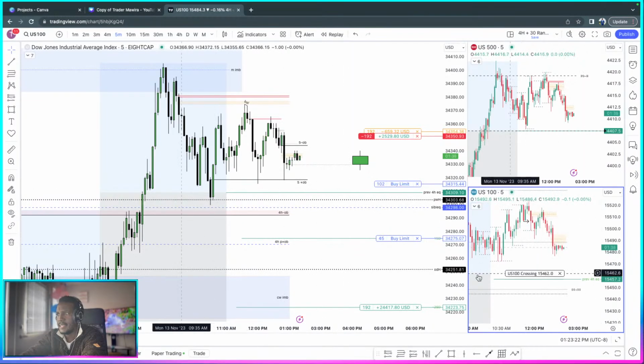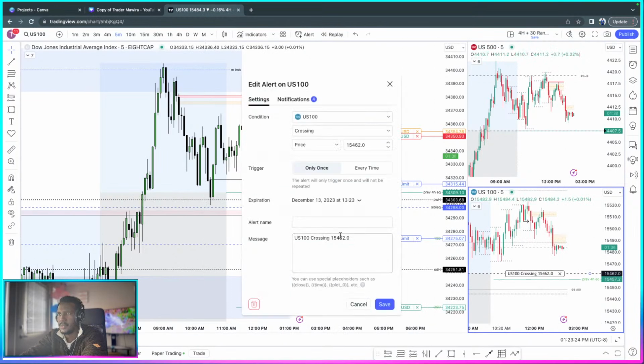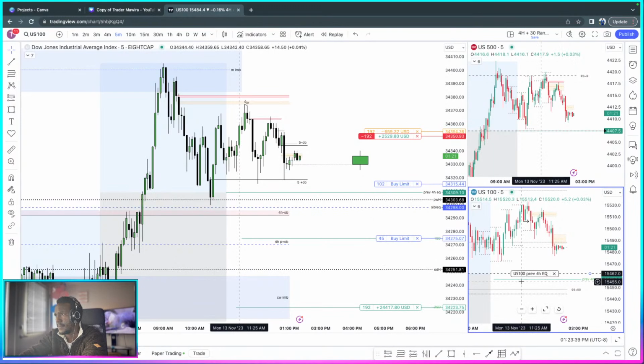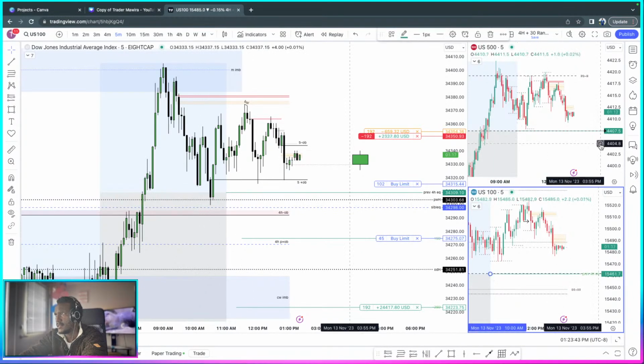Add a lot on that one as well. Then the US 100, previous 4-hour EQ. What will happen is when any of them hits there, even if they do it before US30, I'll close 102 units. That is the plan right there.